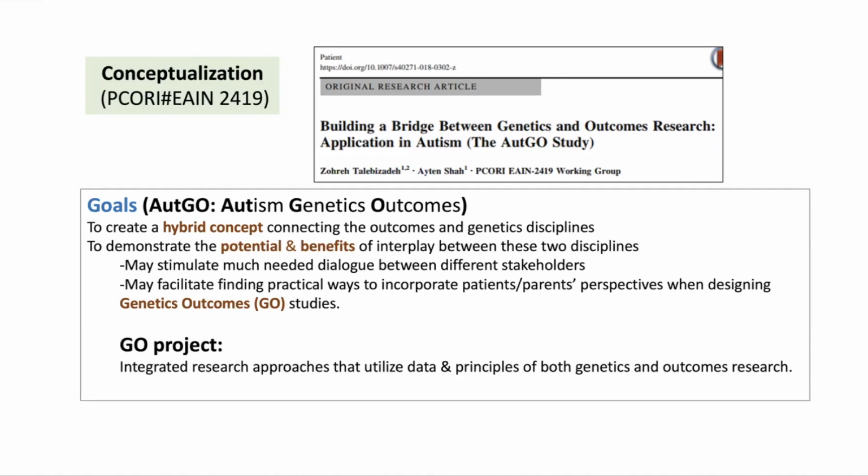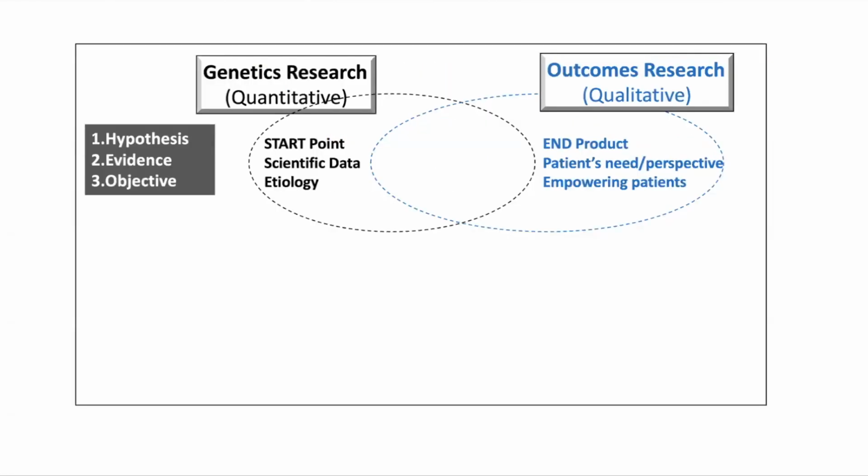We refer to integrated research approaches that utilize data and principles of both genetics and outcomes research as GeO hypotheses. Traditionally, genetics research studies rely on quantitative methods. On the other hand, qualitative methods are most commonly used in outcomes research.